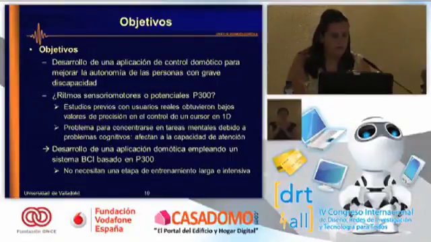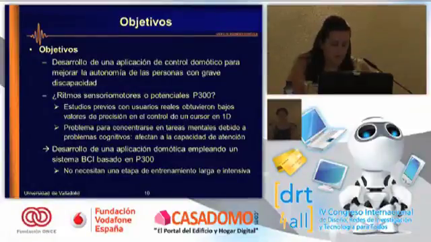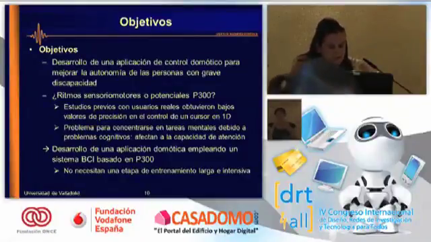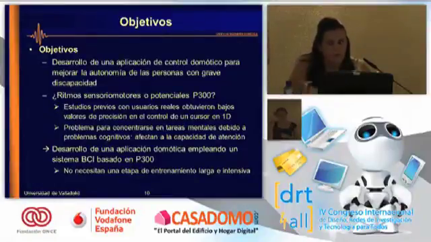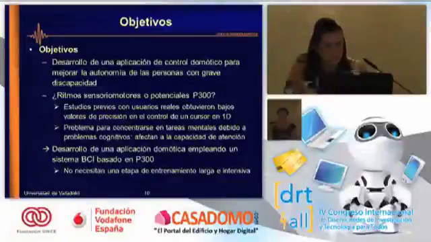As for the objectives, it is the development of an application that enables us to control devices to be able to conduct day-to-day affairs for people with severe disabilities. What we thought is, well, what BCI system do we use? Sensorimotor ones or the P300 potential? And we chose the P300 in the end because in a previous application that we tested with real users of a disability center in Lyon, we found that the level of precision wasn't very good.